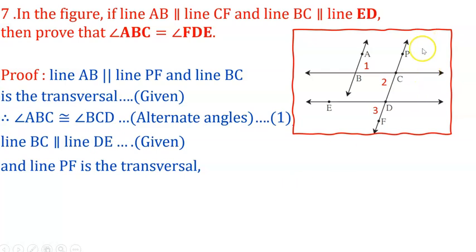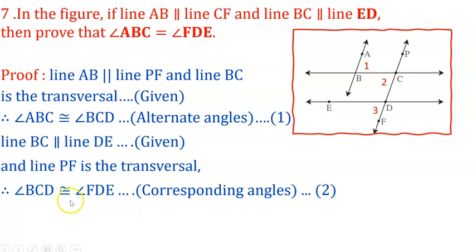Next, line CF is their transversal. And therefore here the angle BCD and the angle FDE are congruent, as these are the corresponding angles.